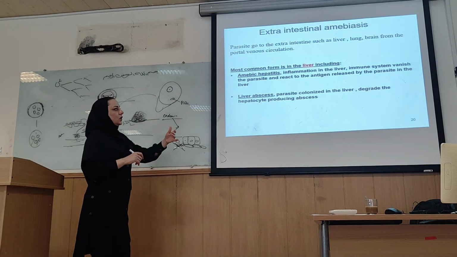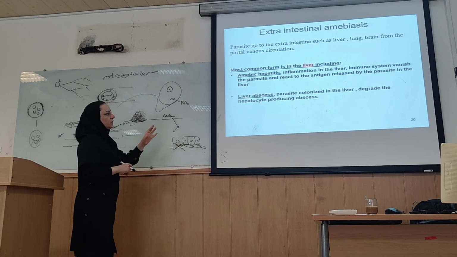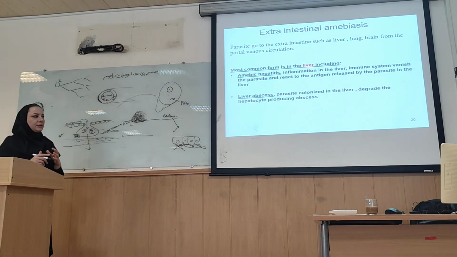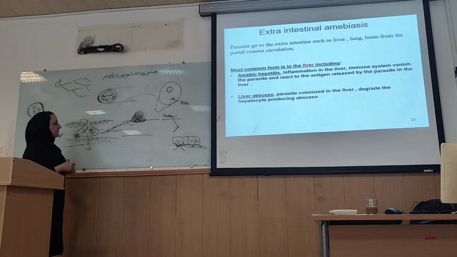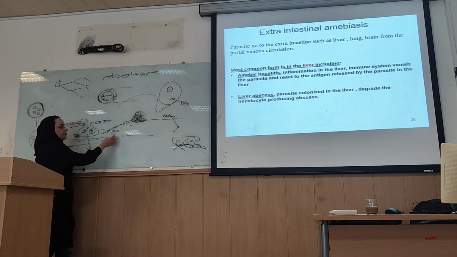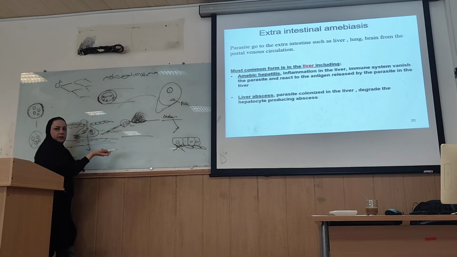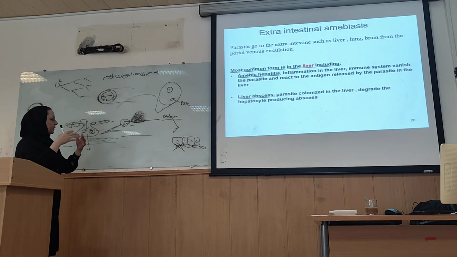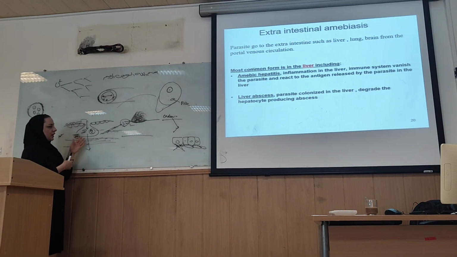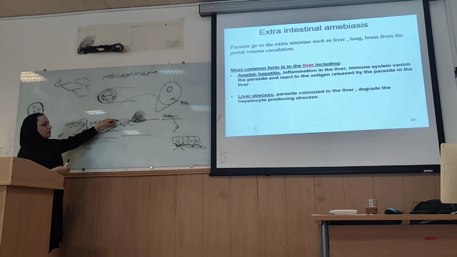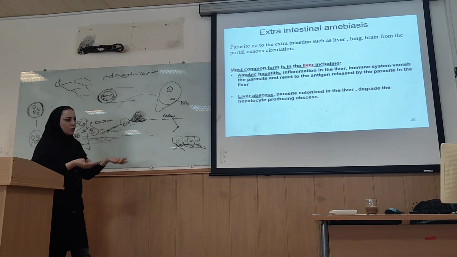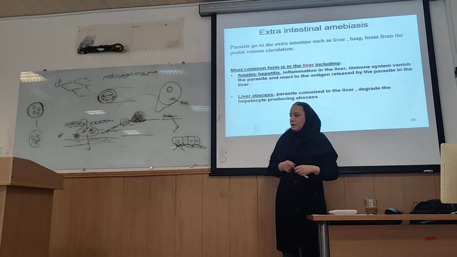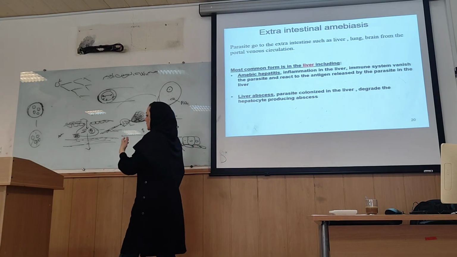Extraintestinal amebiasis mostly happens in the liver. Why mostly in the liver? Because the bloodstream first goes to the liver. So every agent that spreads from the large intestinal tract first goes to the liver, so infection of the liver is more common than other organs.